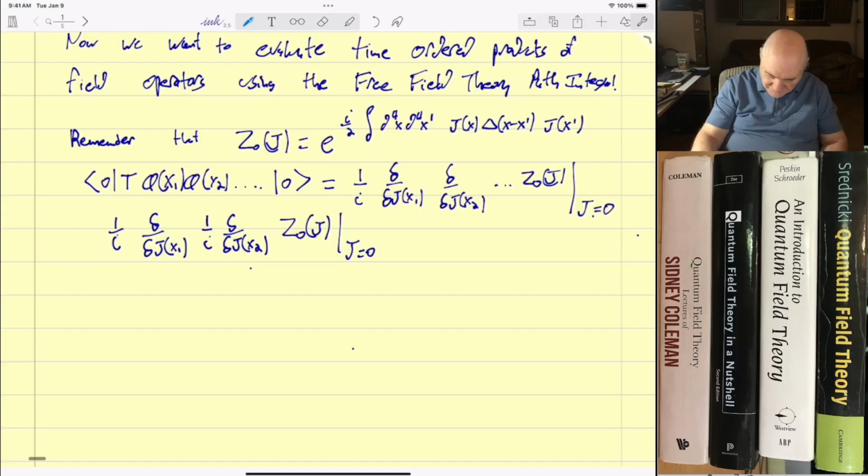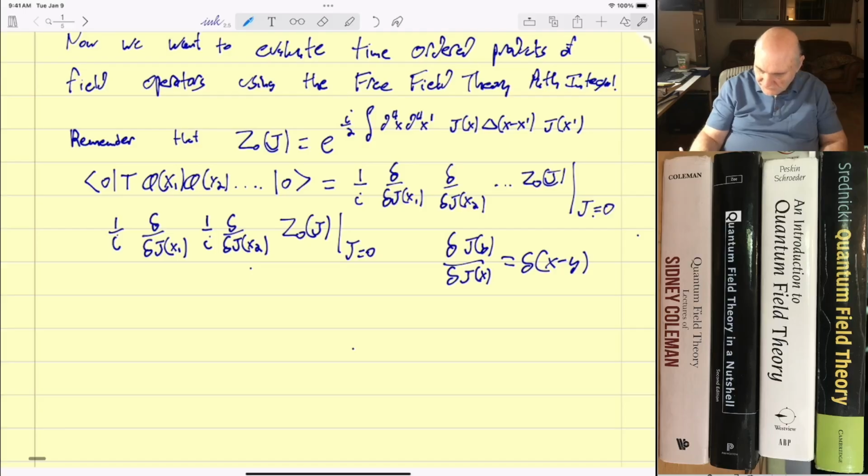And remember, for functional derivatives, it's simply that delta J(y) over delta J(x) is equal to delta(x minus y). This is just the continuous version of the partial of x_k with respect to x_j being equal to delta_kj.